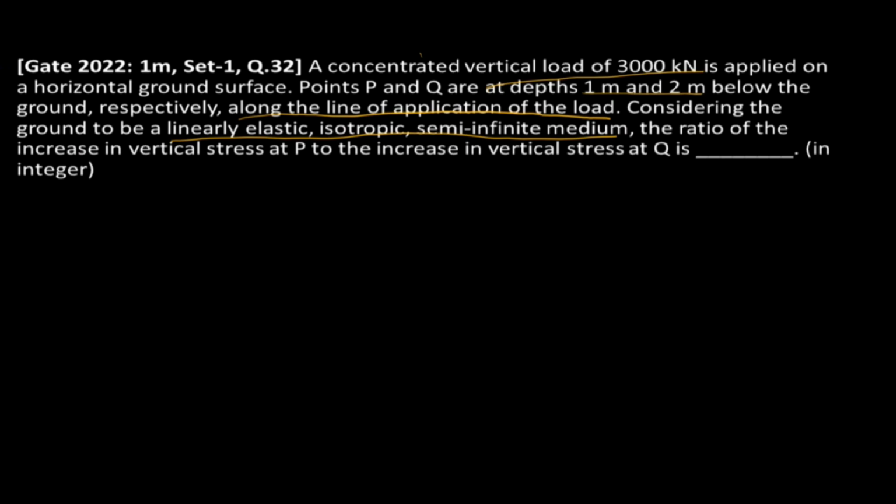And they asked us to find out the ratio of increase in vertical stress at P to the increase in vertical stress at Q. Solution. They have asked us to find the vertical stress directly below the point of application of load. So r will be equal to 0.